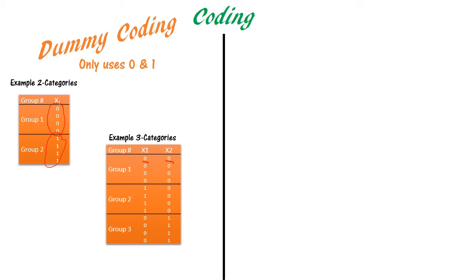So we represent group 1 for the case when X1 equals 0 and X2 equals 0. For group 2, we represent this as when X1 is 1 and X2 is 0. And then group 3 is represented when X1 is 0 and X2 is 1, the reverse. And so this is how we do dummy coding.